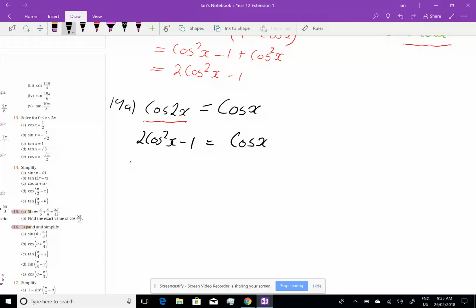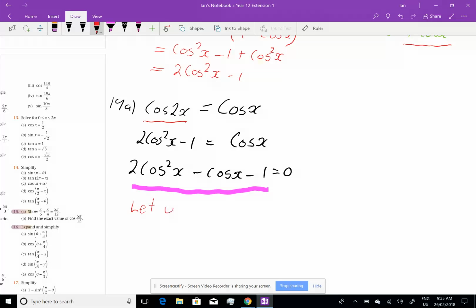I'll pull that cos x over: 2 cos squared x minus cos x minus 1 equals 0. Now this is a quadratic, or an equation reducible to a quadratic. If I let u equal cos x, I get this nice quadratic: 2u squared minus u minus 1 equals 0.